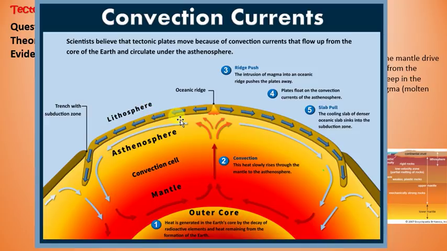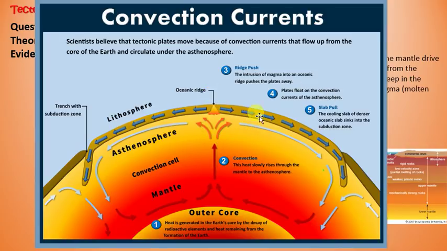Simple as that. As for the processes and their significance, as we looked at earlier, at divergent plate margins, when new crust is formed and the seafloor spreads, this process is called ridge push. It's where the intrusion of magma into an oceanic ridge pushes the older plates away from the ridge. Seafloor spreading, Mr. Hess, that's what's causing it: ridge push.